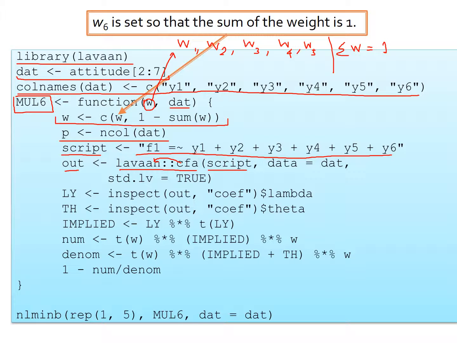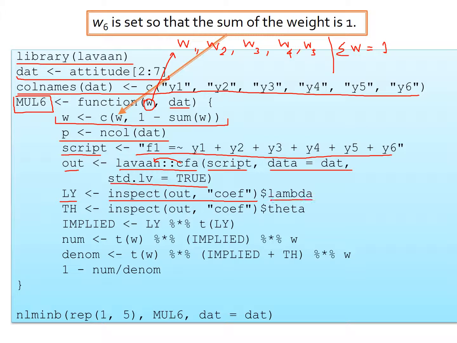I provide the script, data equal to that, and I make the latent variable standardized, that is, the factor variance is 1. I get the result by calling inspect on the fit with coef, that provides different matrices.